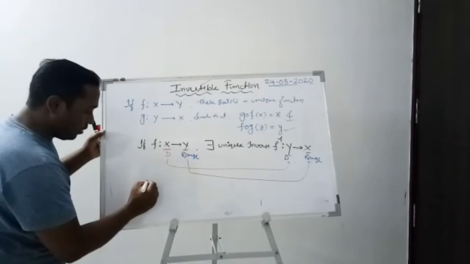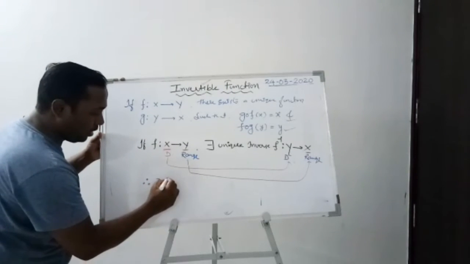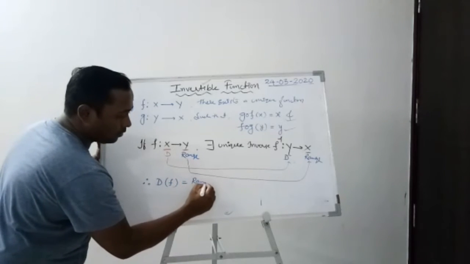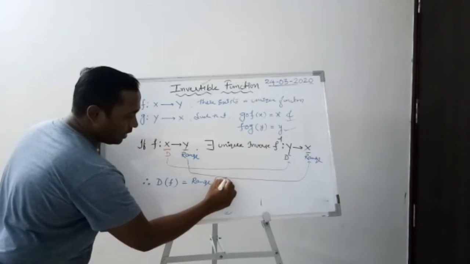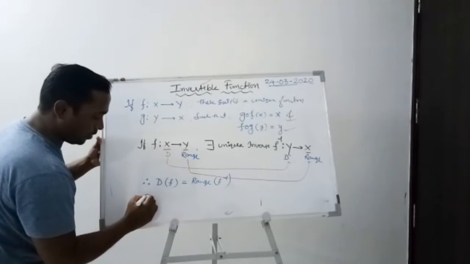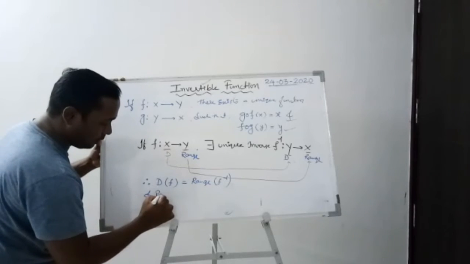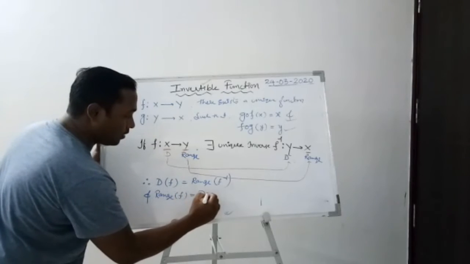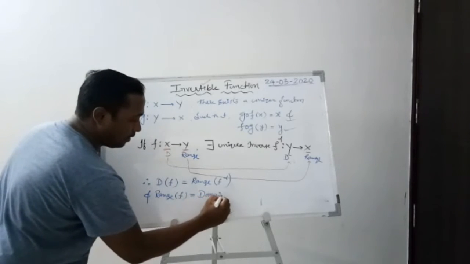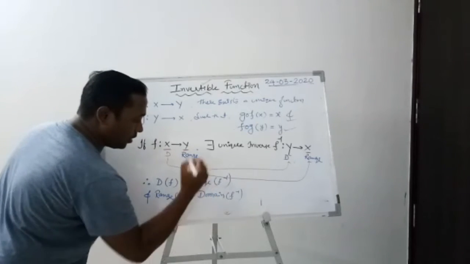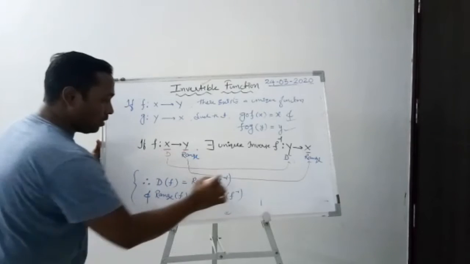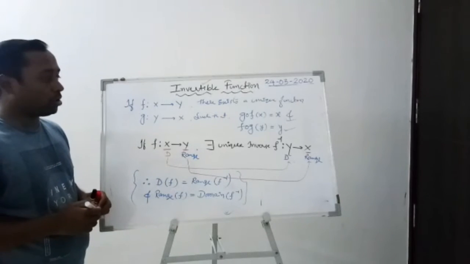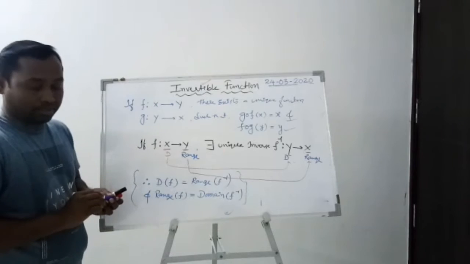So simply, the domain of the function becomes the range of its inverse, and vice versa, the range of the function is defined as the domain of its inverse. So this is a beautiful learning outcome of the invertible function through different methods.